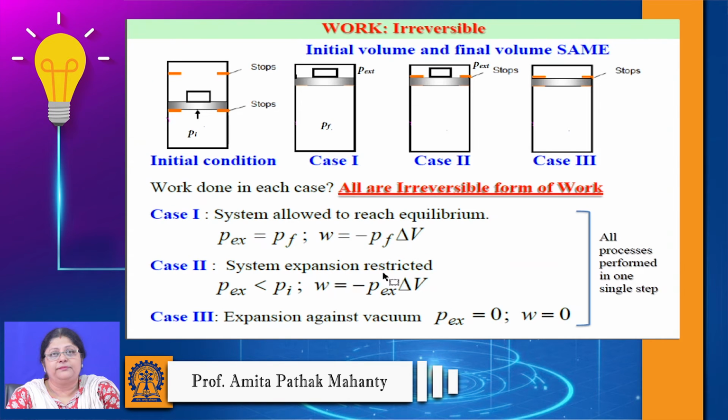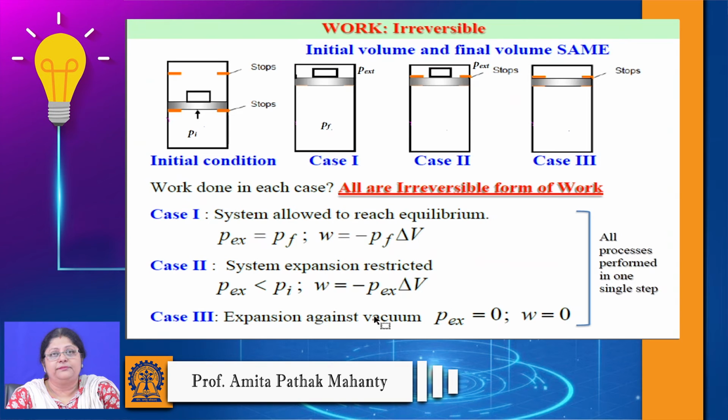Now suppose we have restricted expansion. So we say the gas is expanding against a fixed external pressure. Instead of balancing the weight, it is going to hit the second stopper, and this stopper decides the P external or the fixed pressure.